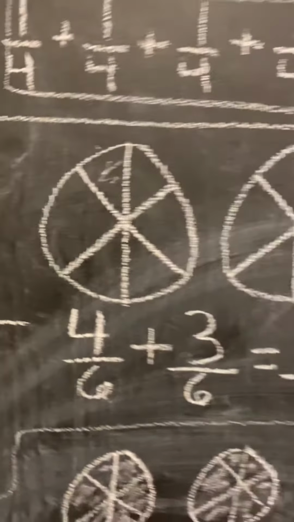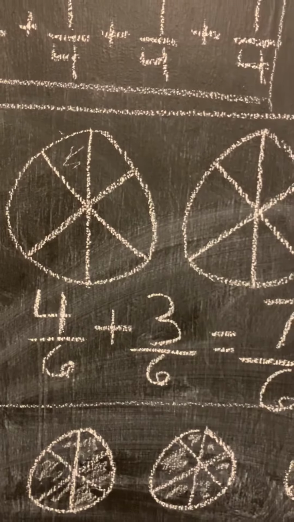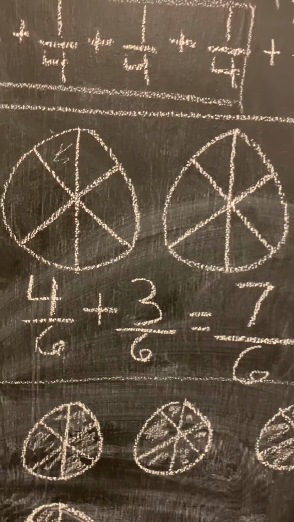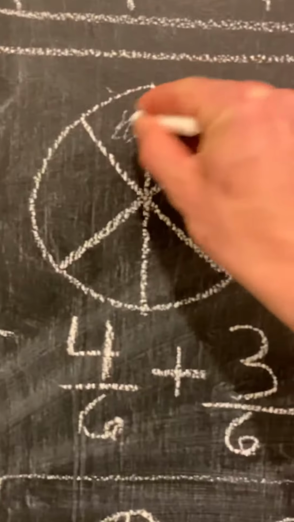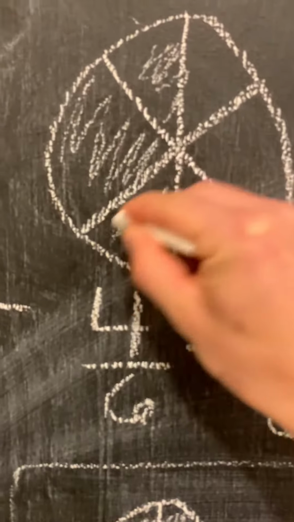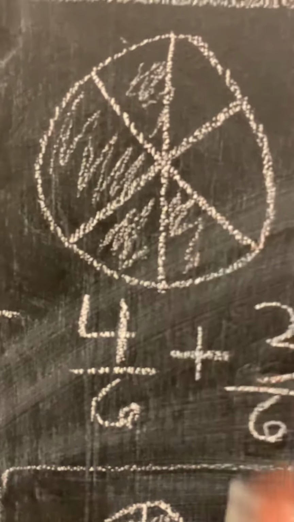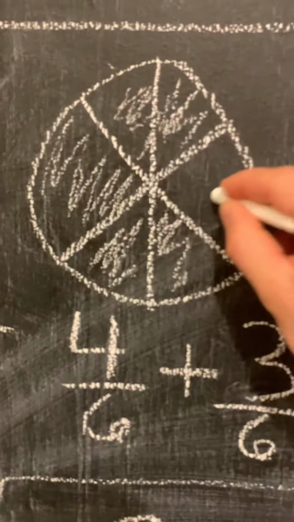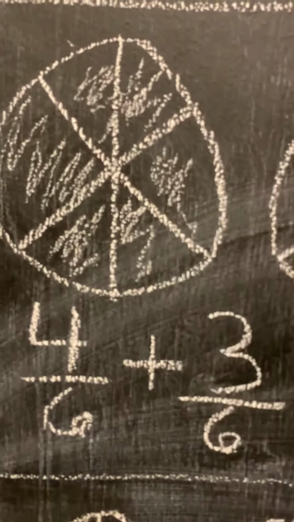Now the book asks you to model, particularly the fraction part of it. So we have 4/6 plus 3/6. We've got 4/6. We'll say this circle has 6 parts. Let's color in 4 parts. So there's 4/6. And now let's add 3/6 to it. So let's color in 3/6.